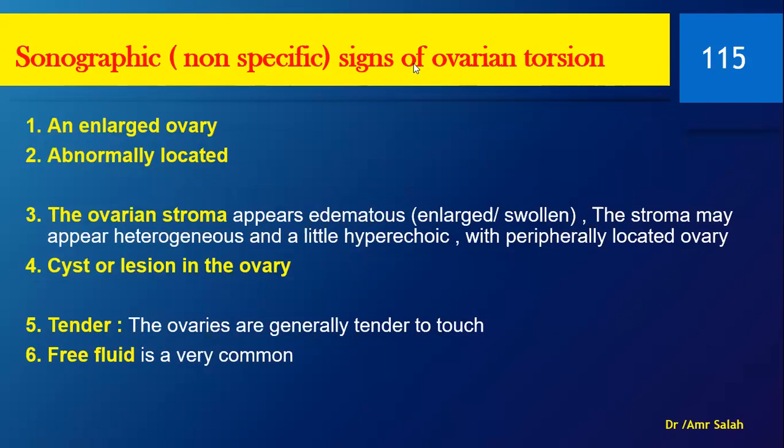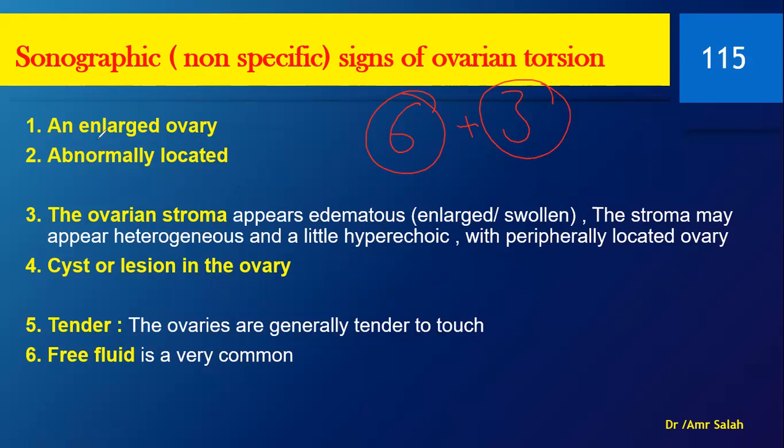Well, in order to diagnose ovarian torsion, we said that it is very important that you can diagnose it because this is an emergency. You have 6 non-specific signs and 3 specific signs. 3 specific signs, as in you can be dead sure. 6 non-specific signs that can suggest it, along with the clinical data and the clinical picture of the patient, so you can suggest it right away as well.